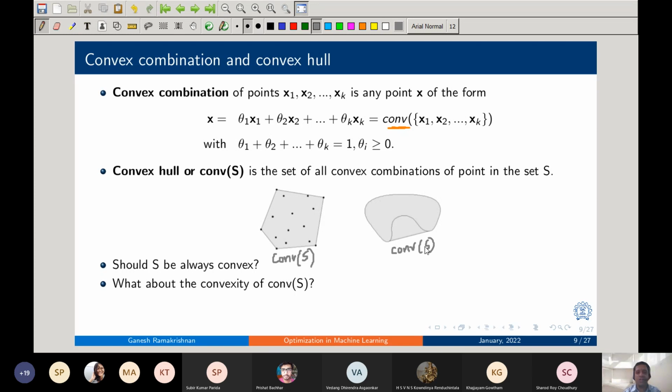One question I have: is this guaranteed to be convex always? Anyone want to attempt? Always going to be convex? Yes.